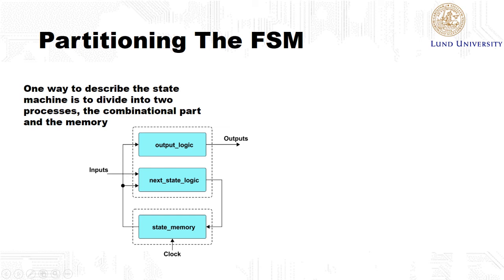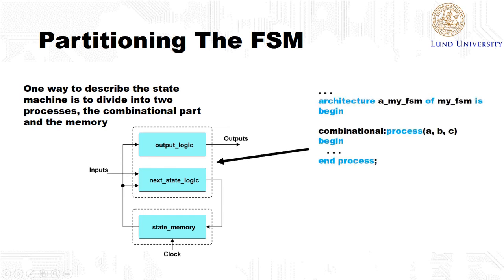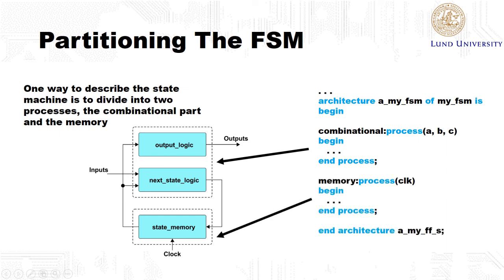So what we can do in VHDL is define one process for the combinational part and one process for the memory part. By partitioning the system like this, it will become easier for us to debug the description. Also, by using processes, we are allowed to use if statements and also case statements. And this will give us a nice way to describe the transitions between states and also the output in different states.